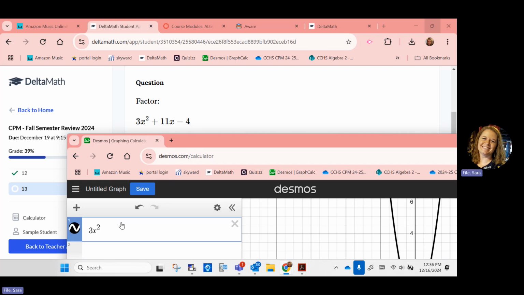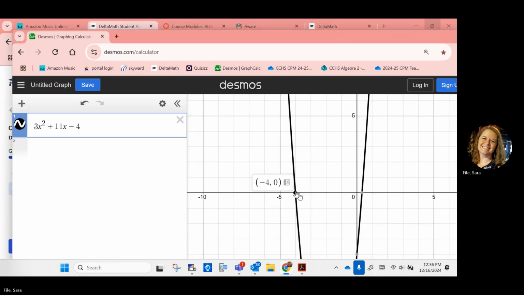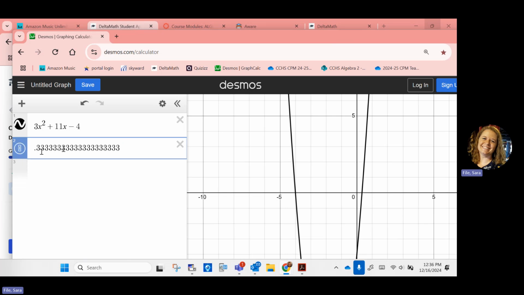So 3x squared plus 11x minus 4. So our solutions here are at -4. Okay, and then this one's a fraction. Okay, 0.3 repeating. If you don't know what it is, just type it in, a bunch of threes. It's 1/3.